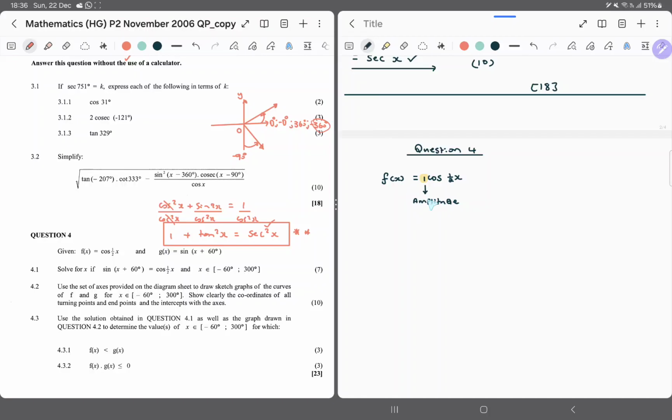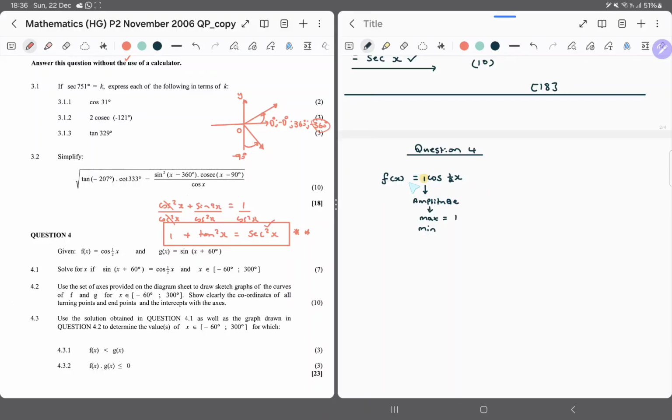Okay, now the amplitude in this scenario gives us two things. It gives us a maximum value of our function and a minimum value of the function. So it is the absolute value of the coefficient.